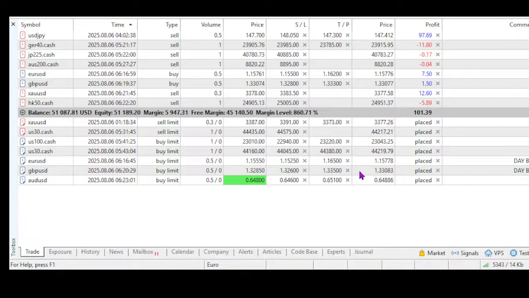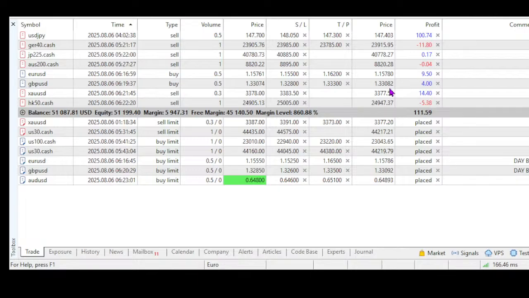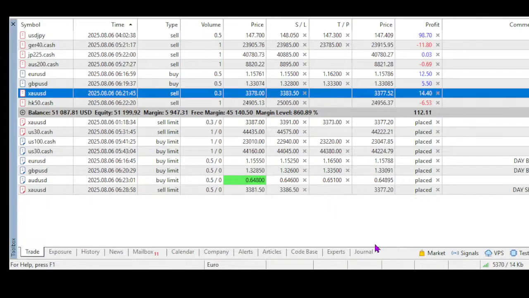Okay, half lot, and the stop is 85.8. Okay, 81 half, 86 half. And this is a day sell.